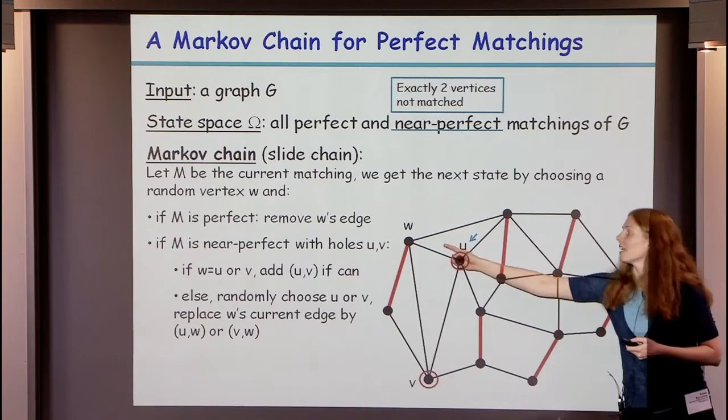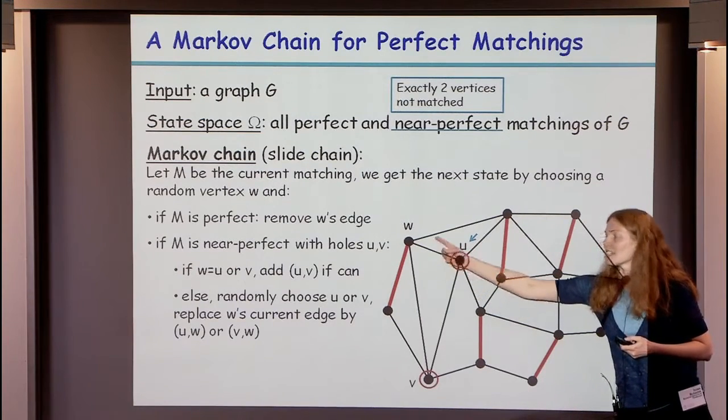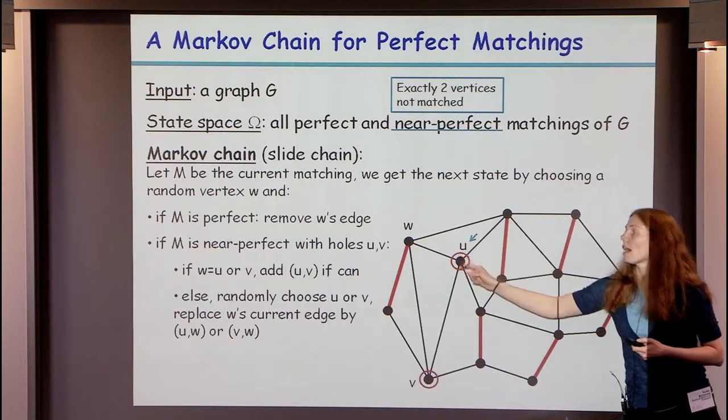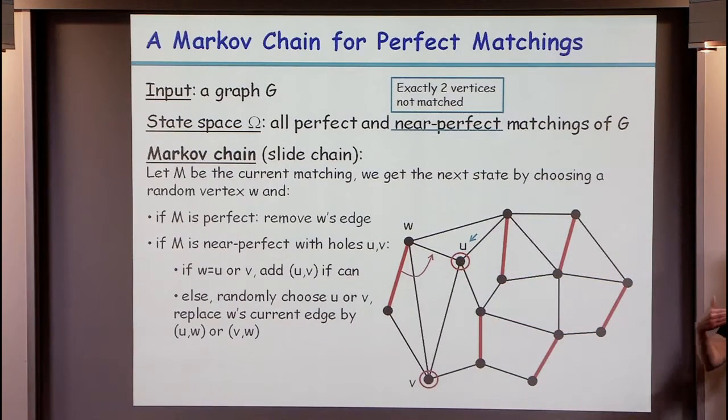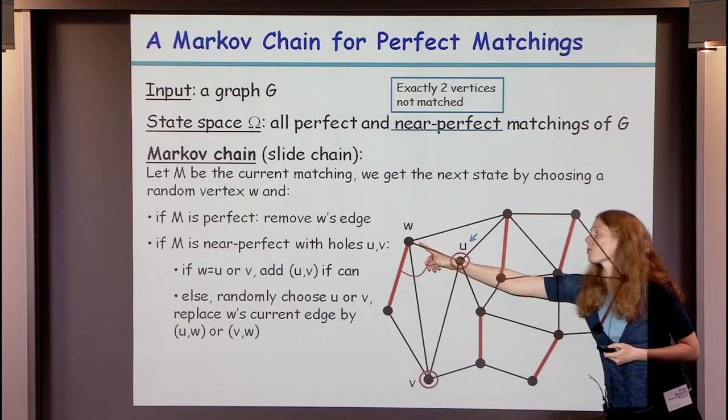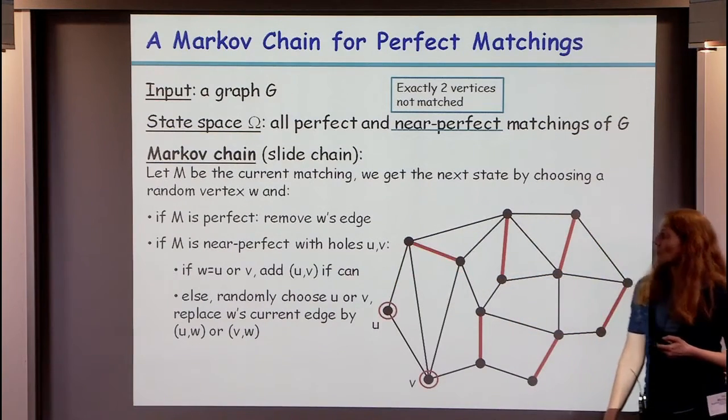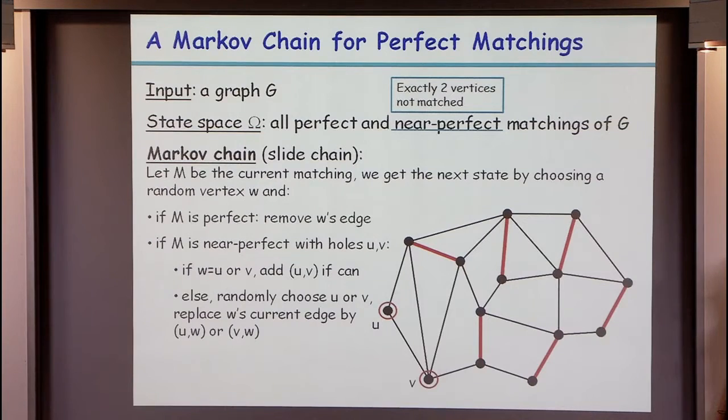And now, if the vertex has a matching edge, I get to slide it to the hole, provided that there is actually an edge between my chosen vertex and the hole that I chose. So in that case, I slide, otherwise I don't do anything. And if I happen to choose a random vertex which is equal to my hole, and there is an edge between the 2 holes, I add that edge to my matching. Okay, so very similar chain, except that now I have these two holes that are kind of moving around, and sometimes I add an edge between them.